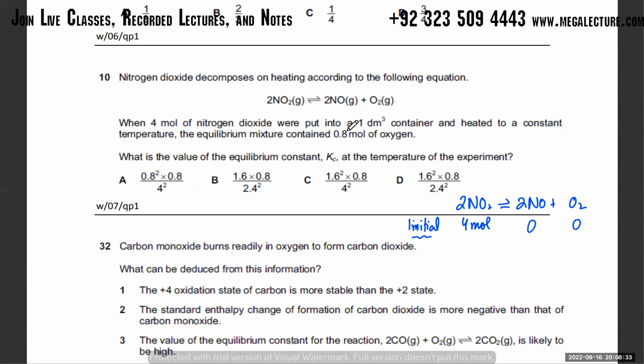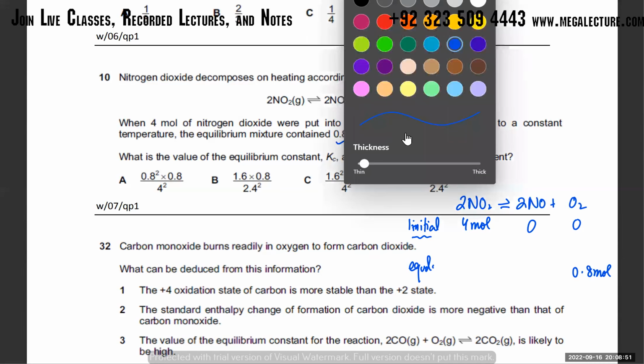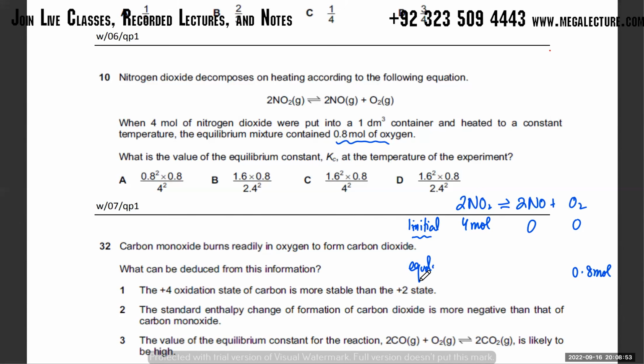And then he says that the equilibrium mixture contains 0.8 moles of O2. So based on this, I'll try and figure out what my equilibrium moles are for the other ones. Initially you had no O2, now you've got 0.8, so that means 0.8 moles got produced.